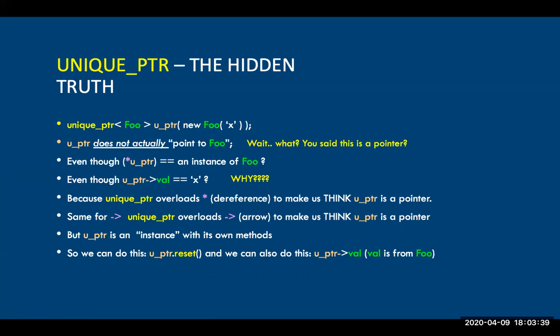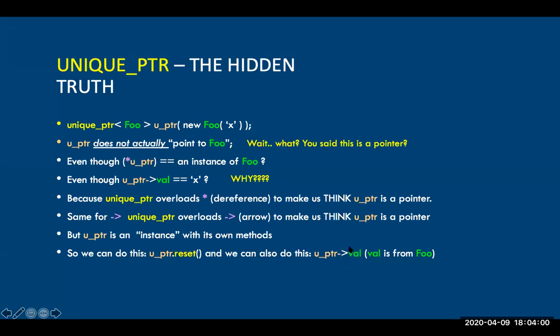And there is a key thing that might seem super obvious, but it will trip you up from time to time. When you see something like a uPointer or an instance of a smart pointer dot something, we're calling a method that is a member of the class uPointer. That is very different than saying uPointer arrow val.